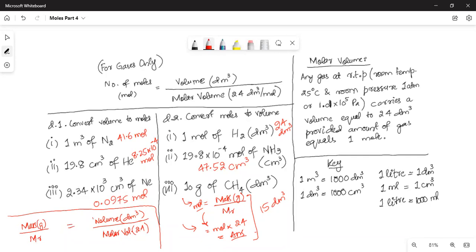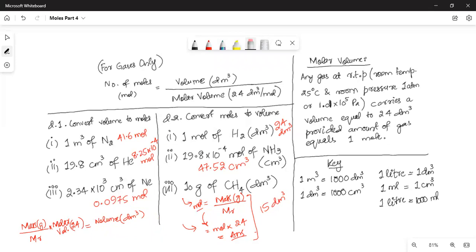And since I want this specific value, molar volume is going to go over there in multiplication. So let me rearrange the whole thing. What I should do is multiply this by molar volume, the value for which is 24, and that is equal to volume, and I can easily erase molar volume from here.